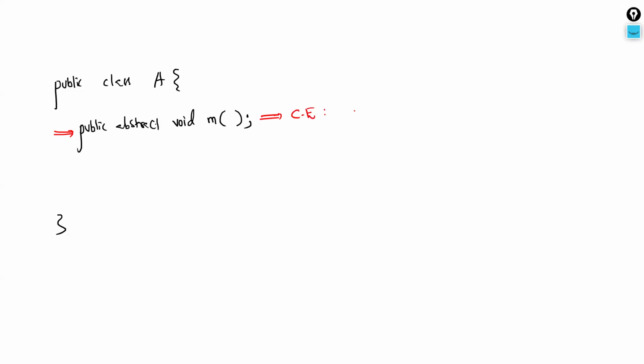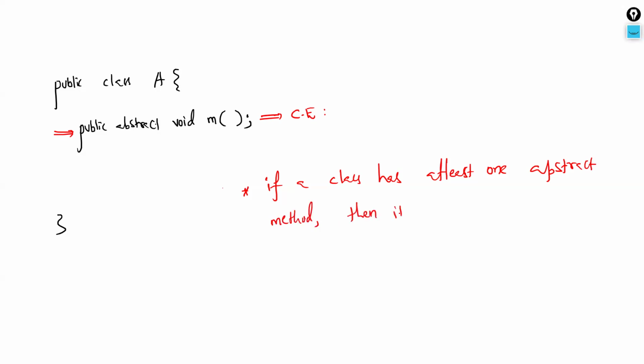The important point is, if a class has at least one abstract method, then it is mandatory to declare the class as an abstract class.